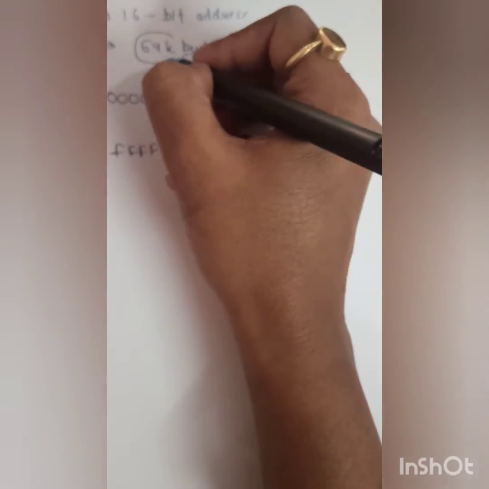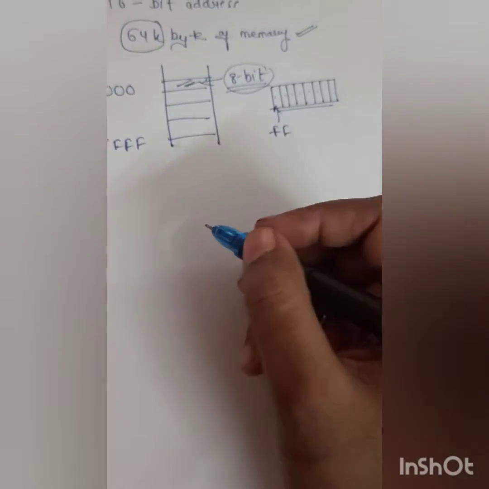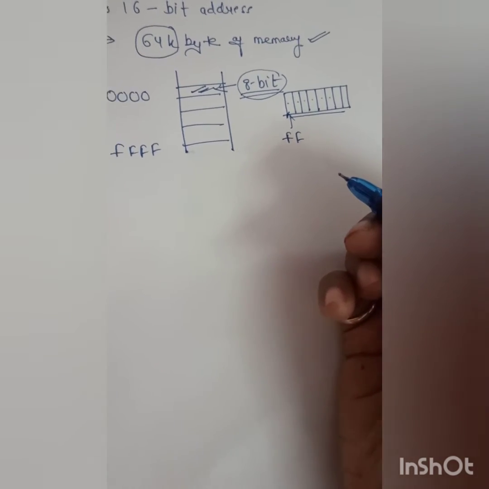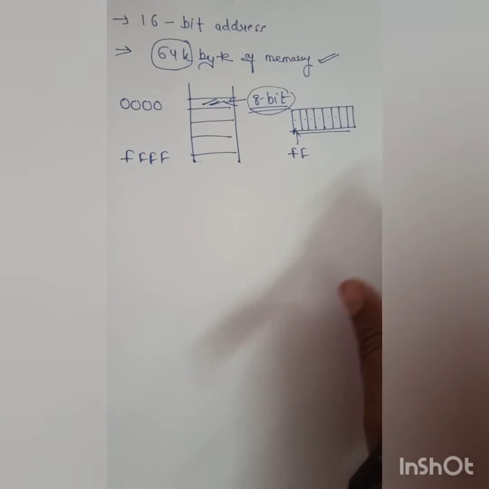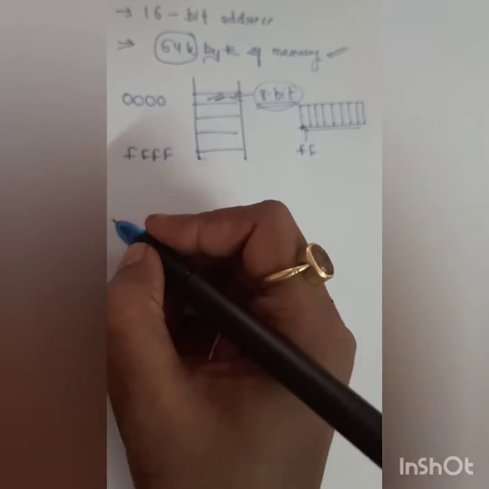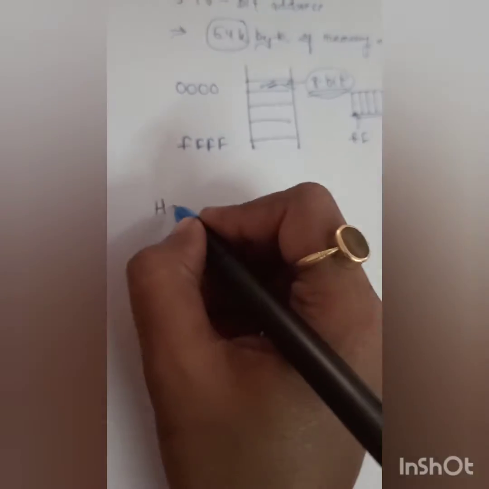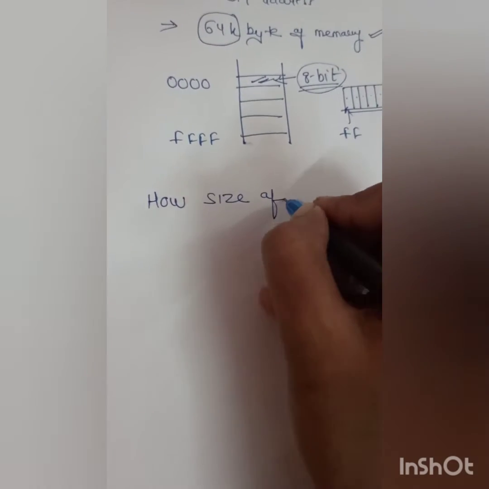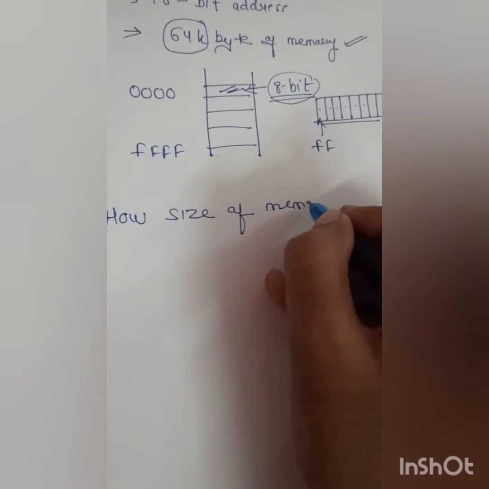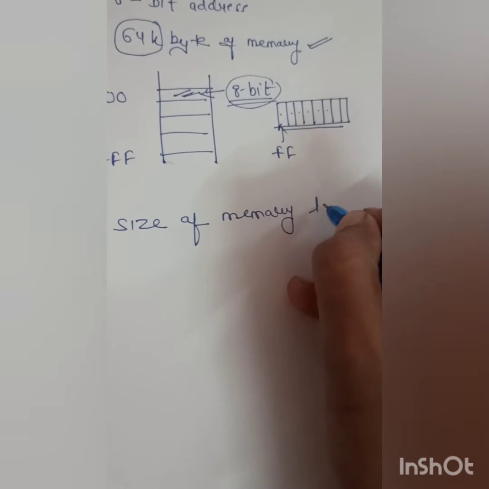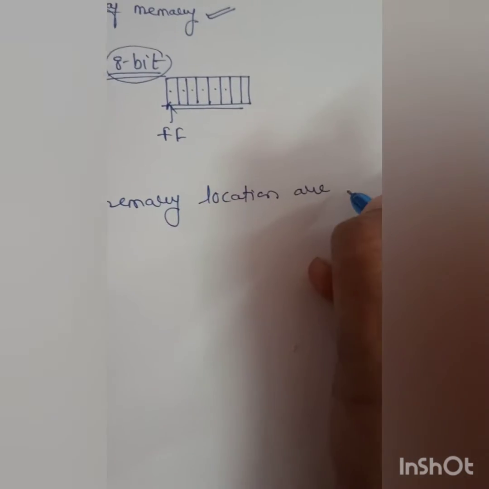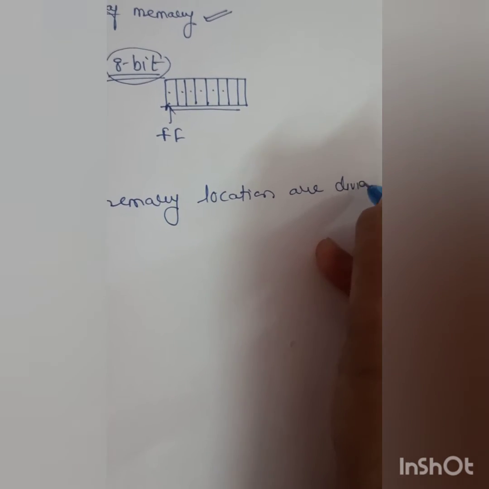How is this 64 kilobytes of memory to be set for 8085 interfacing? Now we will discuss how the size of memory locations is divided.